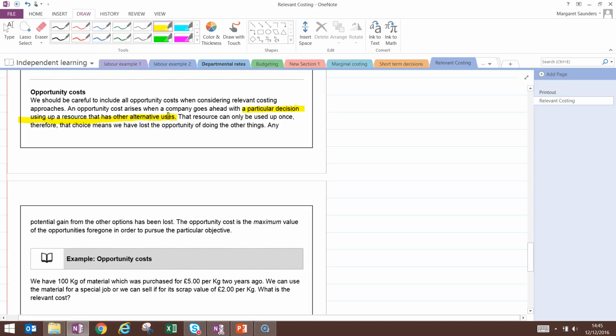Since a particular resource can only be used once, it means that when we use it for one means, we've lost the opportunity of doing other things with it. And that lost opportunity, or the benefit from the lost opportunity, is known as the opportunity cost.